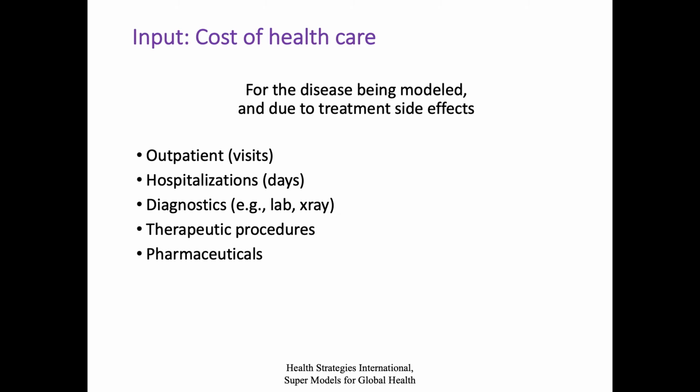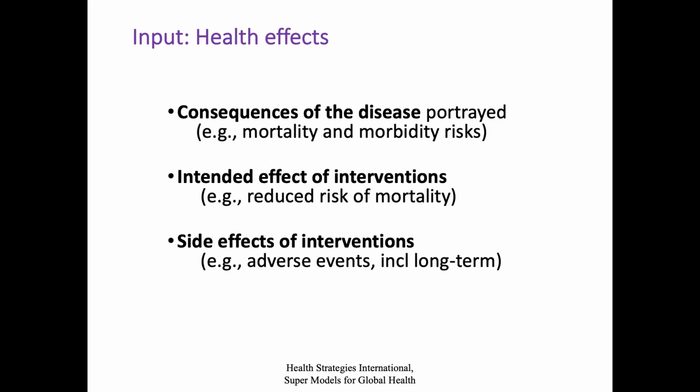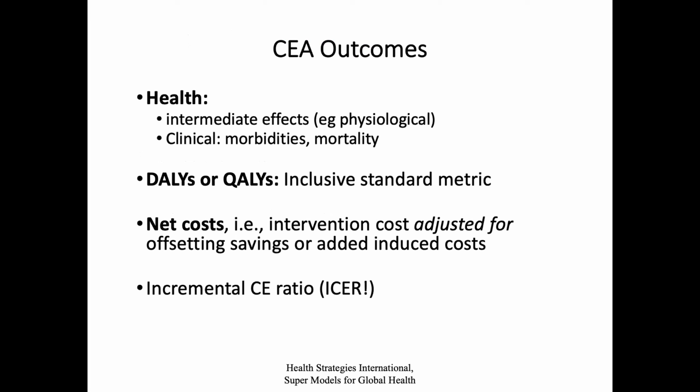So the number of outpatient visits and what do they cost? The number of hospitalizations, usually measured in days of inpatient care. The number of different types of diagnostic tests and therapeutic procedures, and of course, drugs. So these are all of the pieces that go in.